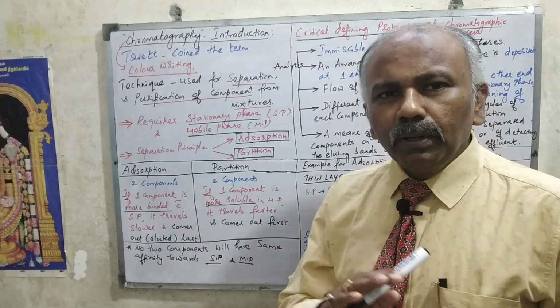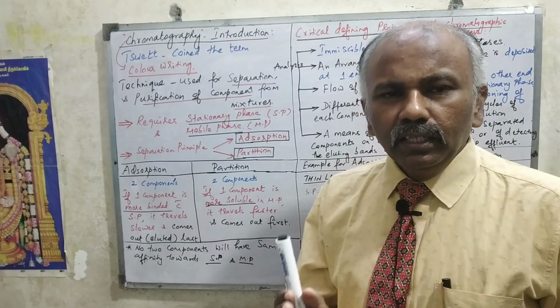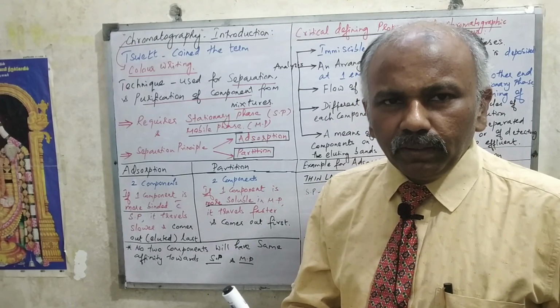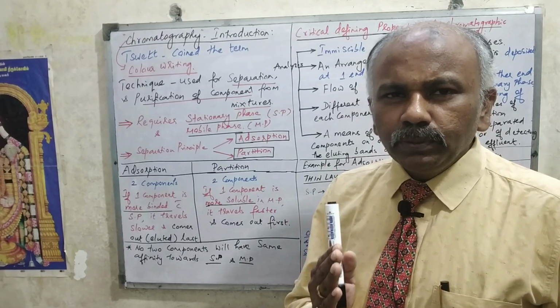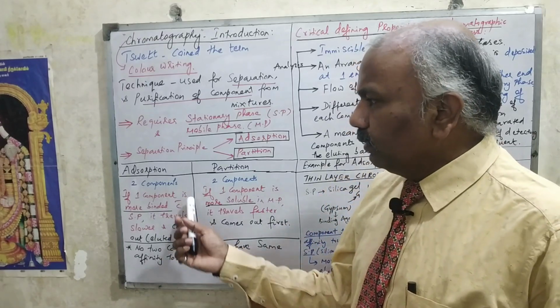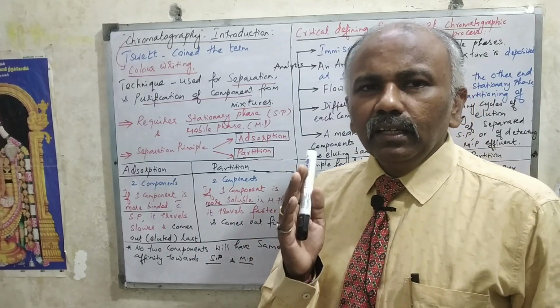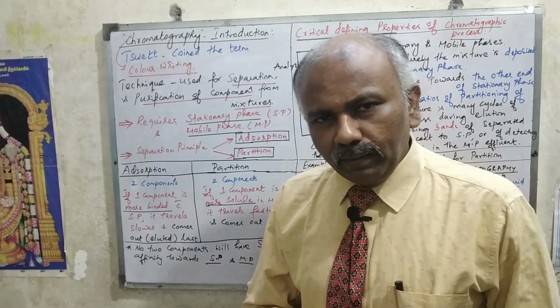So no 2 components will have the same affinity towards the stationary phase as well as towards the mobile phase. This is the basic principle of chromatography, either adsorption or partition. Any one of the principles will hold for a particular chromatographic technique, right?